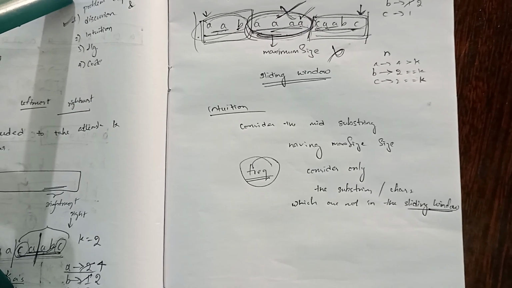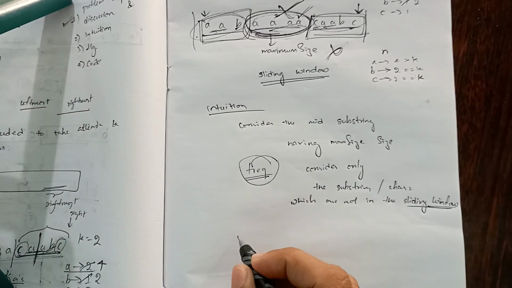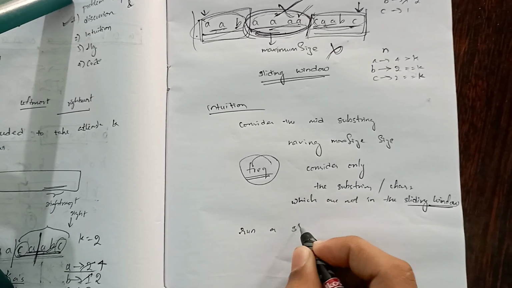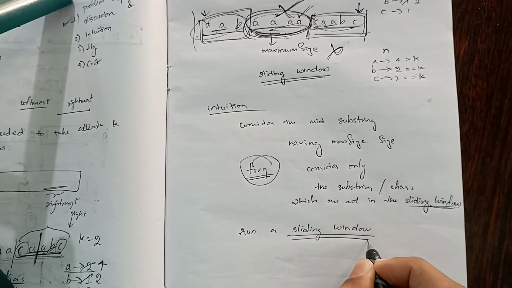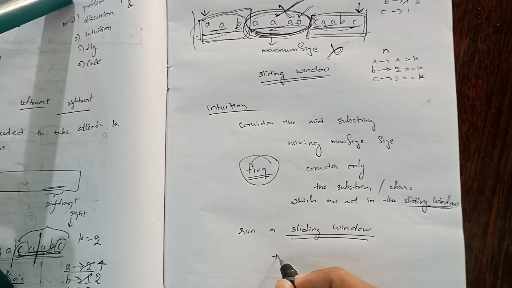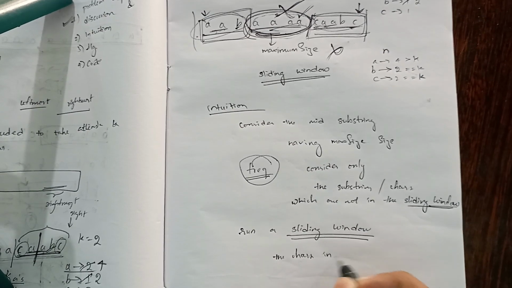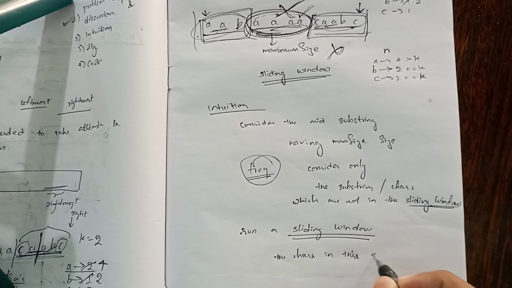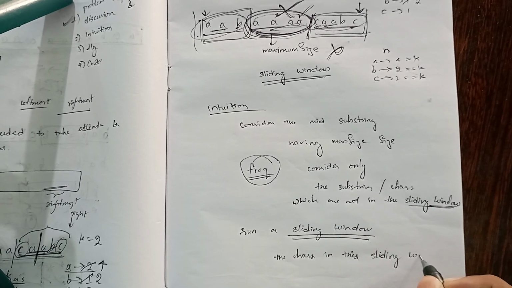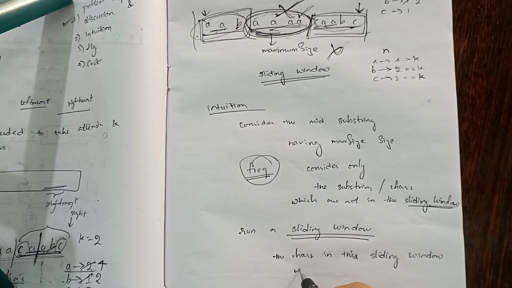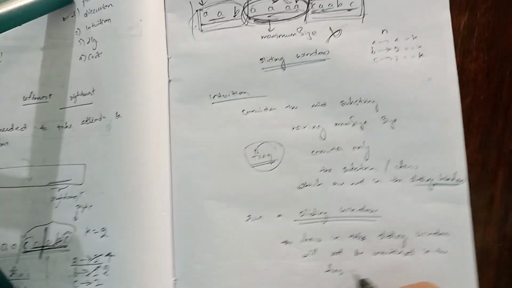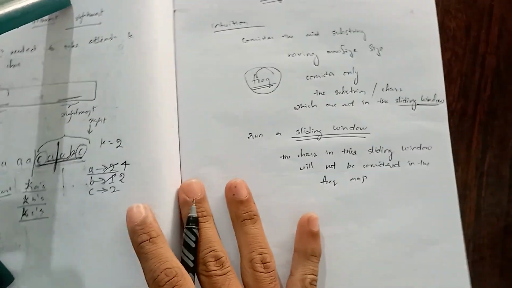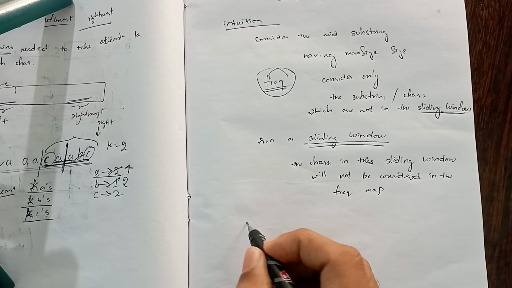So the intuition here is to run a sliding window, and by incrementing this sliding window, the characters in this sliding window will not be considered in the frequency map. So let us check how this works.